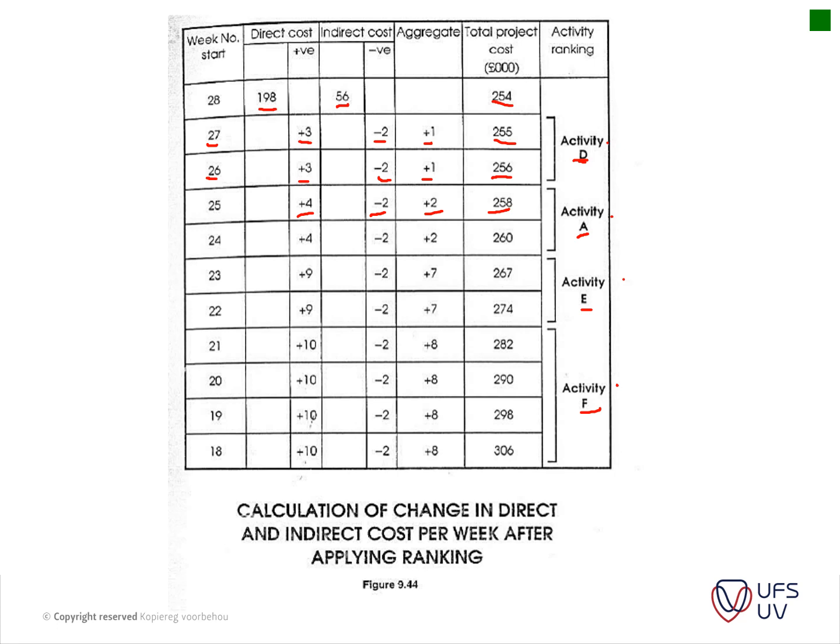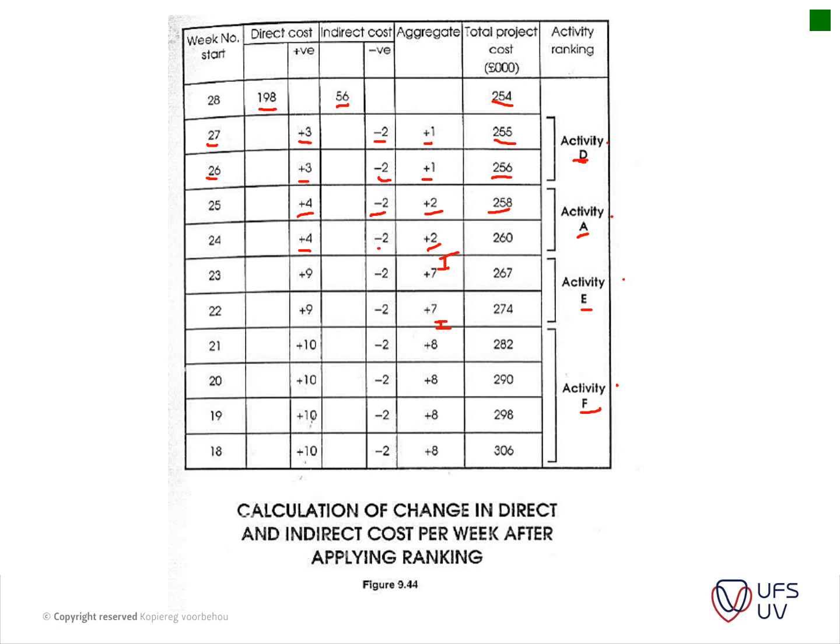Okay, and then we look at item A, we reduce it by another week and we still add an aggregate of 2. Then we do the same, and here we can see a substantial increase, jumps to 7,000, and here it goes to 8,000. Okay, and then it wasn't taken any further than that.